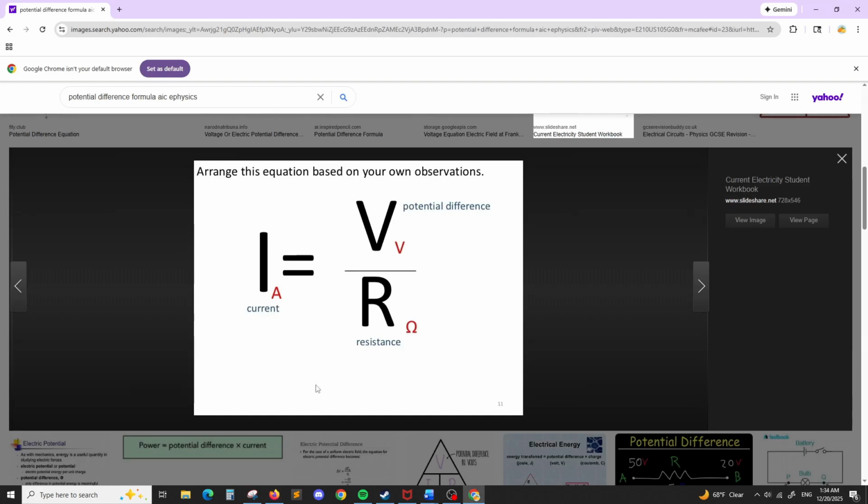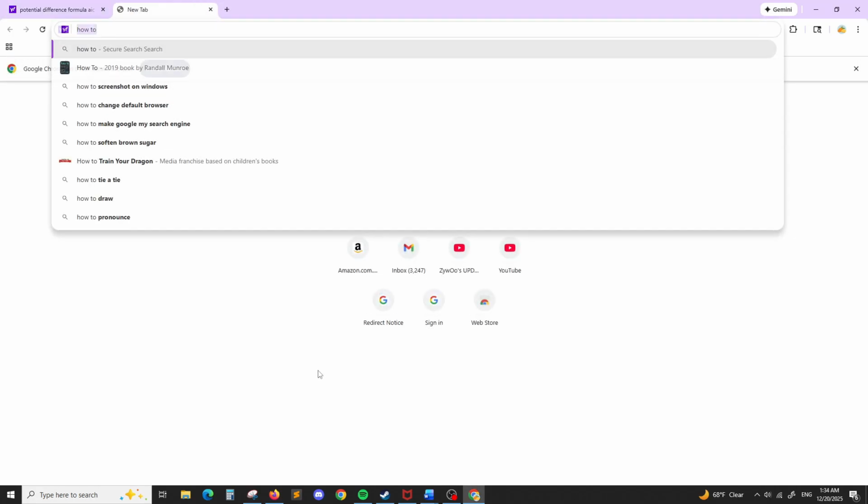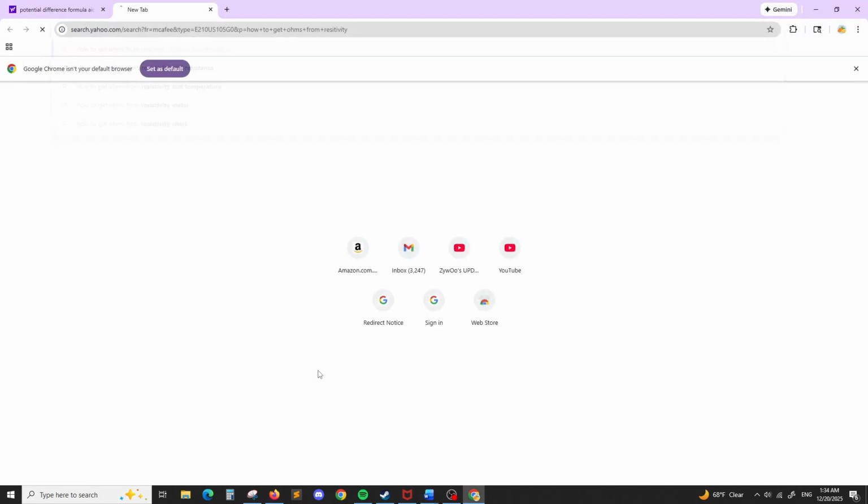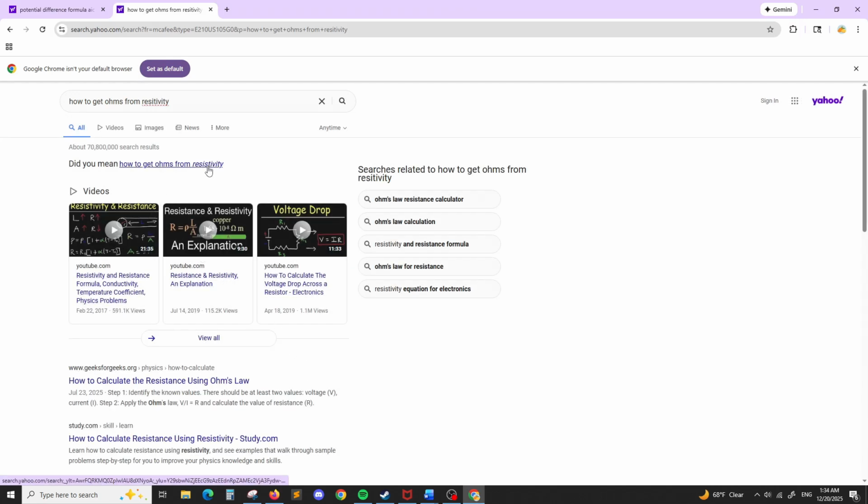I'm pretty confident. Okay, so it shows here, R is equal to rho times L over A, where A should be the cross-sectional area, and if you do this out, this should cancel out the units.